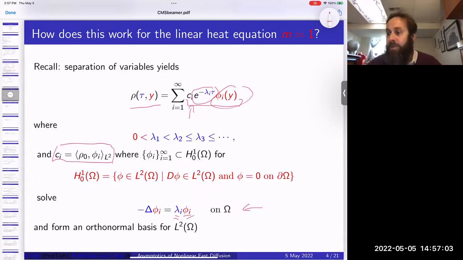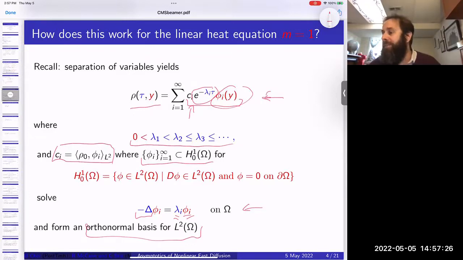They'd be given by the L2 inner product of the initial data with the eigenfunction phi_i. First of all, the Dirichlet Laplacian is a non-negative operator on your domain, so all of the eigenvalues are non-negative. Secondly, there's a complete orthonormal basis of them for L2. And so I'm able to write essentially any solution in this form.